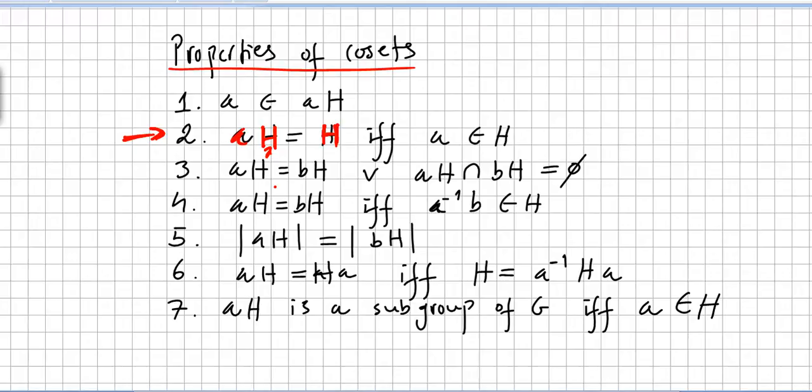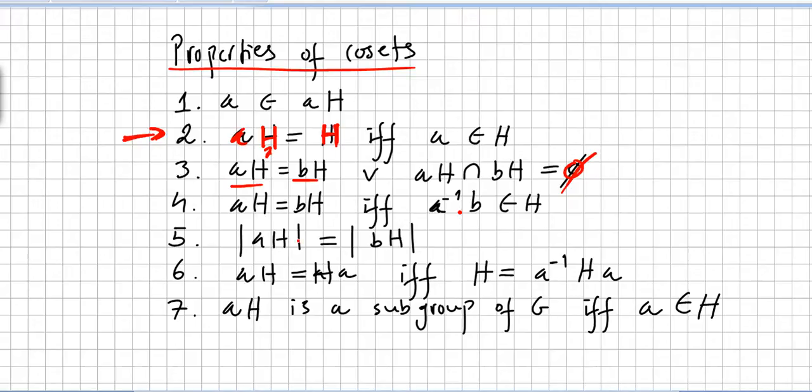Okay, 3. AH equals BH, or the intersection of AH and BH is empty. If these two are not equal, it's the same as saying that the intersection is empty. 4. AH equals BH if and only if A inverse times B is in H. This sounds a bit like the subgroup test, right? 5.